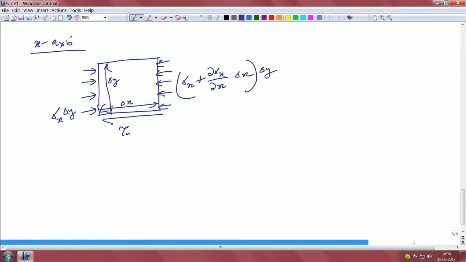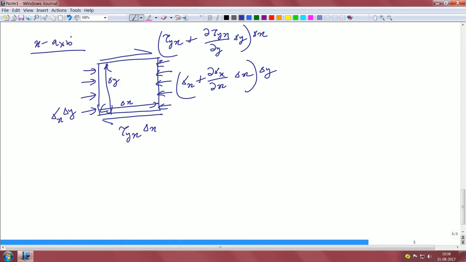So, that will be tau yx into delta x acting on the x face. Similarly, on the top you have tau yx plus d tau yx by dy into delta y, once again that same Taylor series expansion, into delta x. It is expansion around y because you are going across the y face.